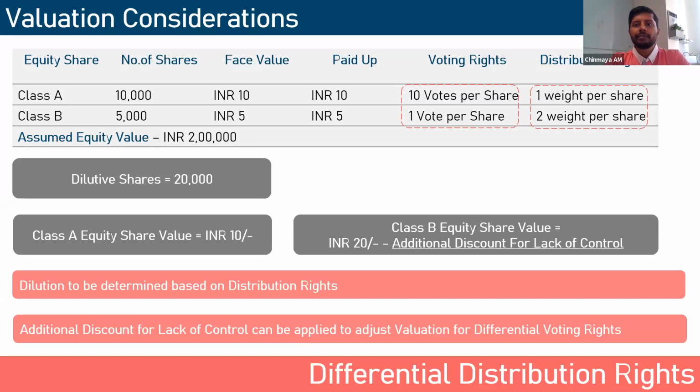So it's an interesting example where voting rights are more for class A, but distribution rights are more for class B. It may be very uncommon, but definitely possible. As an example, it is worth considering. Why I'm saying it is very remotely possible is that where there is more participation in surplus assets, there will generally be more rights.